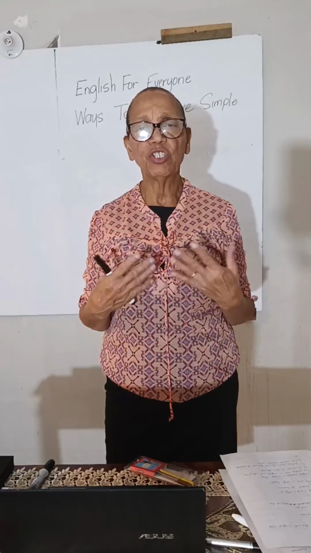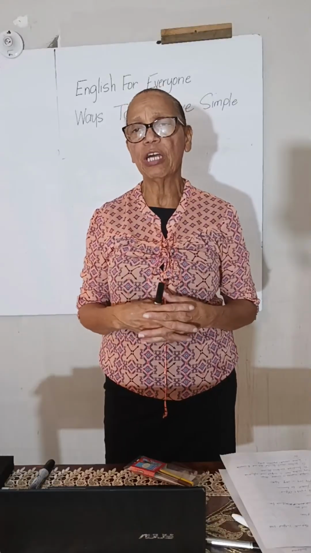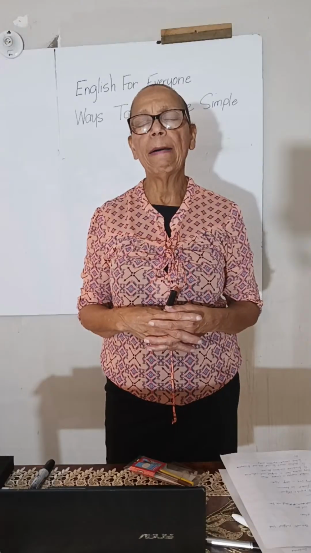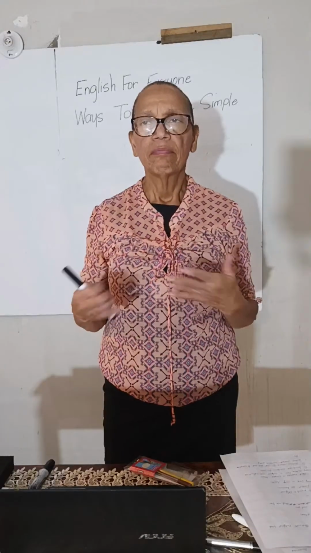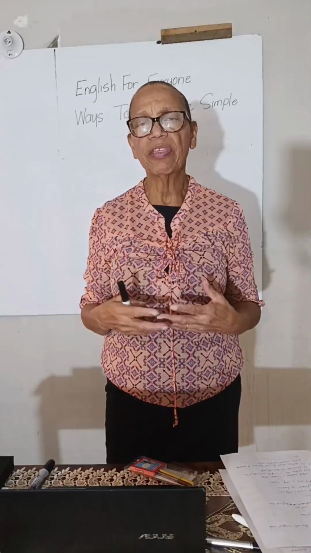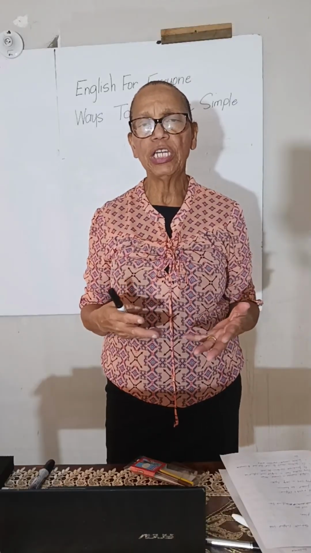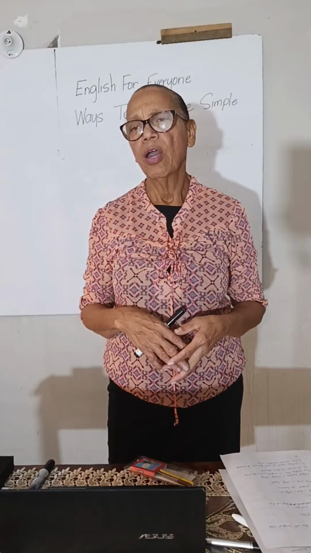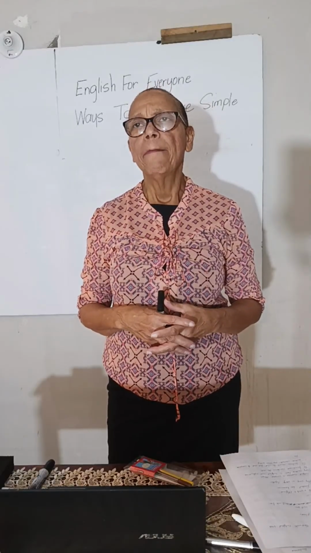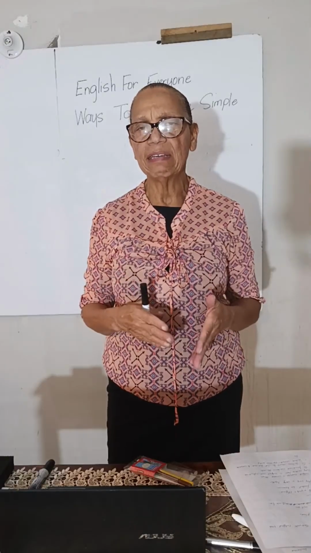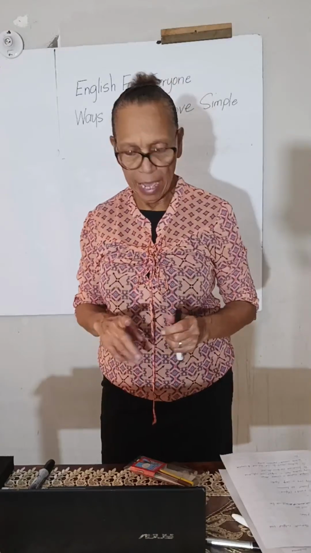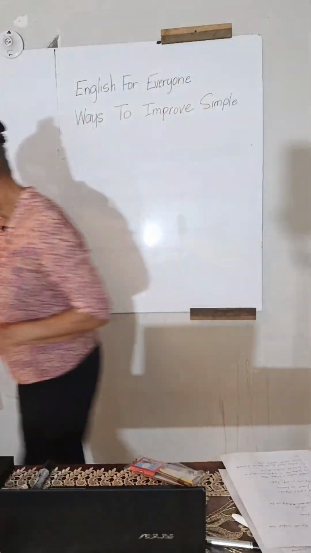We did prepositional phrases. We could add prepositional phrases. We also added participles, words ending with ing and ed, action verbs. So we try to make our simple sentences sound better. We're going to do some of that right now. Just a minute.